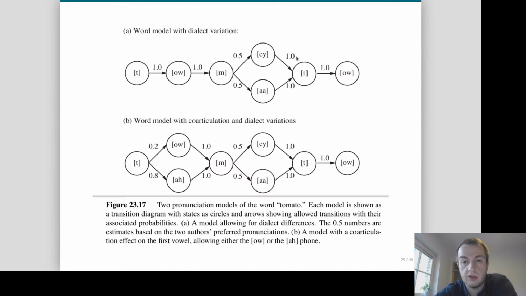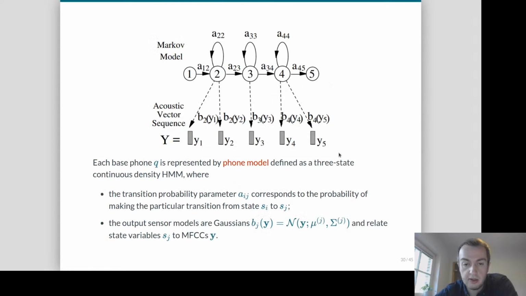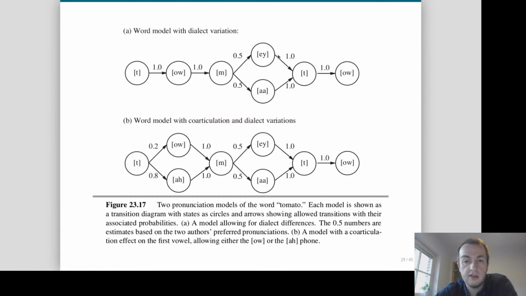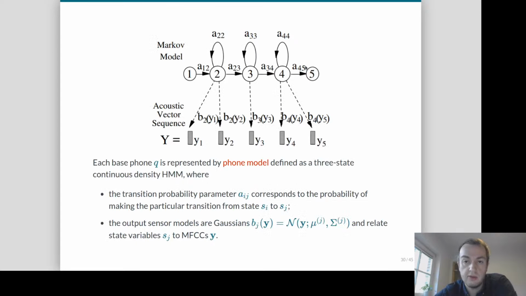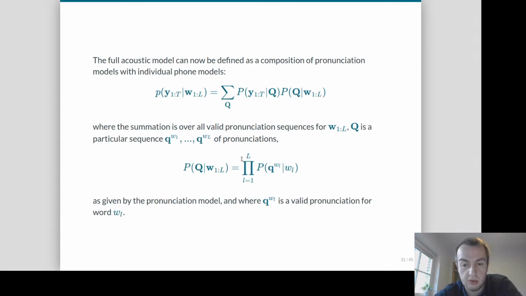It could be, for example, this one above, this one below, or maybe this one if you consider this more complicated model. But this particular pronunciation is itself made of phones, right? Which means these phones can themselves be expressed in terms of their associated phone models. And so when you combine all these things together, we would have a sequence of phone models for that particular pronunciation associated to this word, right?